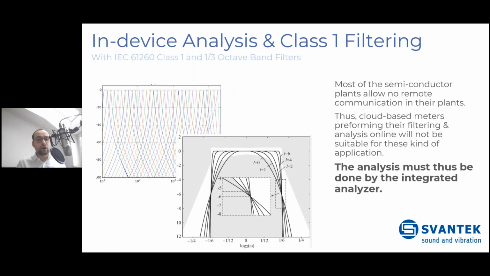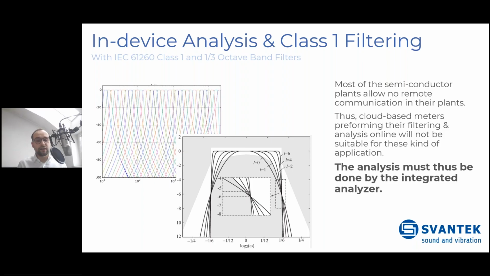The fourth thing that I want to talk about is in-device analysis and class 1 filtering. A very neat thing with VC curves that we can't really say for BS or DIN standards is the fact that they are based on third octave band filters. Third octave band filters are standardized. Third octave band filters have classes of accuracy.